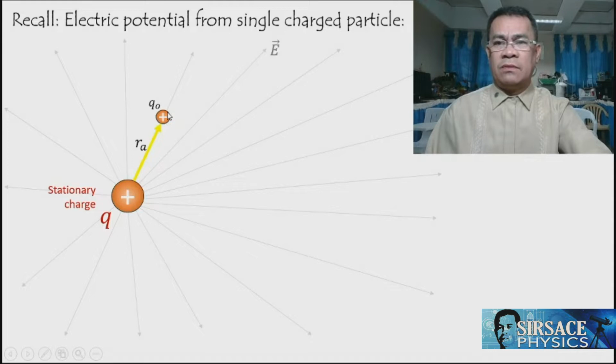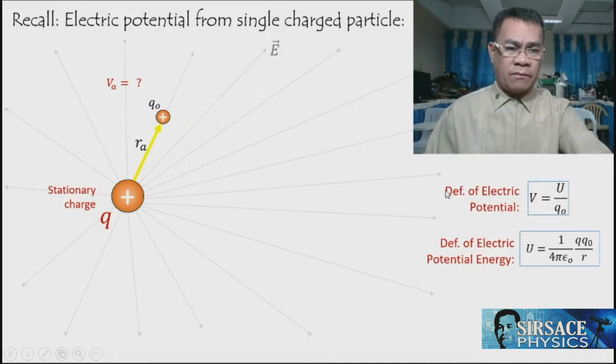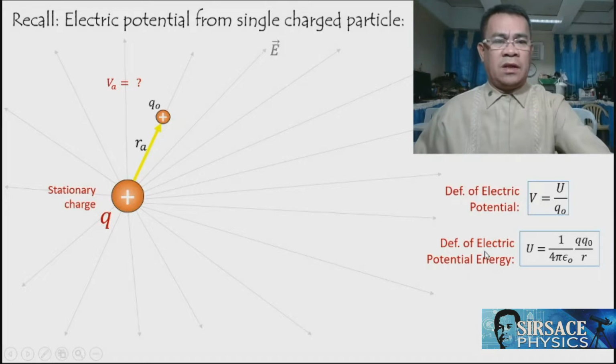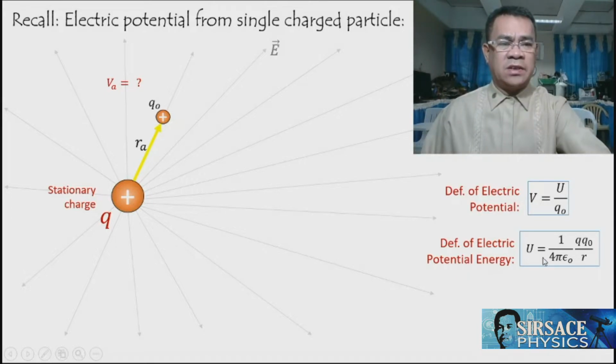So, what will be the electric potential? In the previous video, by definition, the electric potential V is equal to U over the charge unit. And the electric potential energy U equals the electric constant, 1 over 4 pi permittivity, multiplied by the product of the two interacting charges divided by the distance between them.